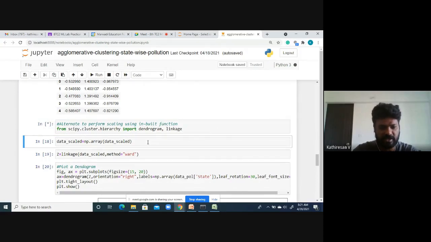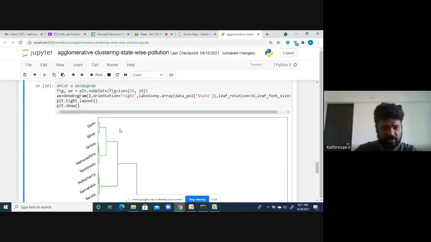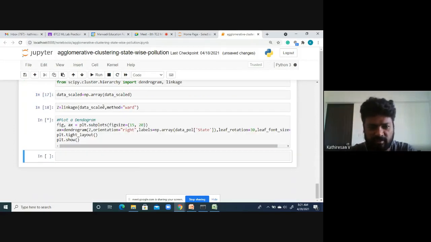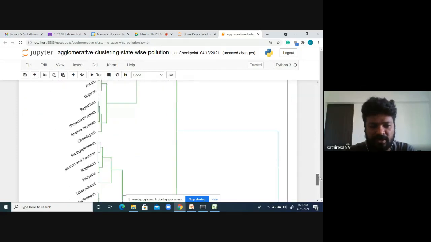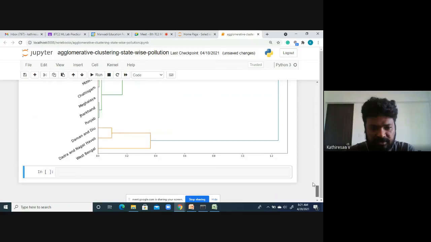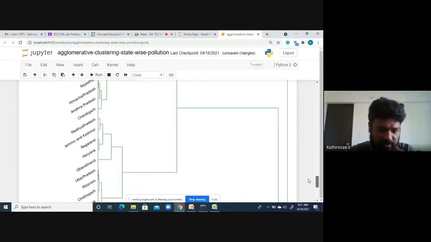Here we are going to perform hierarchical agglomerative clustering, and we are forming a dendrogram, using the single linkage method. If you want to see the dendrogram, you can see it here. Delhi, Bihar, Orissa, Maharashtra, Tamil Nadu, Puducherry, Karnataka.